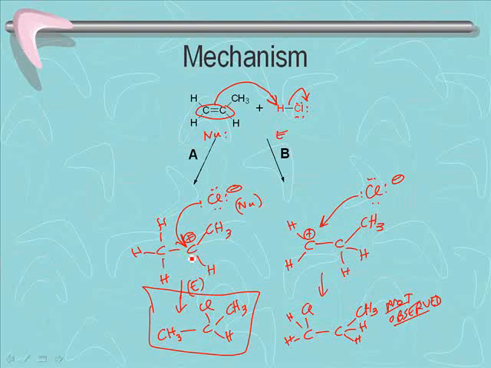The one on the left is a carbocation that has 2 carbons on the positively charged carbon. That means that this is a secondary carbocation. The one on the right, the carbocation center, has only 1 carbon attached to it, and as a result, that is a primary carbocation.